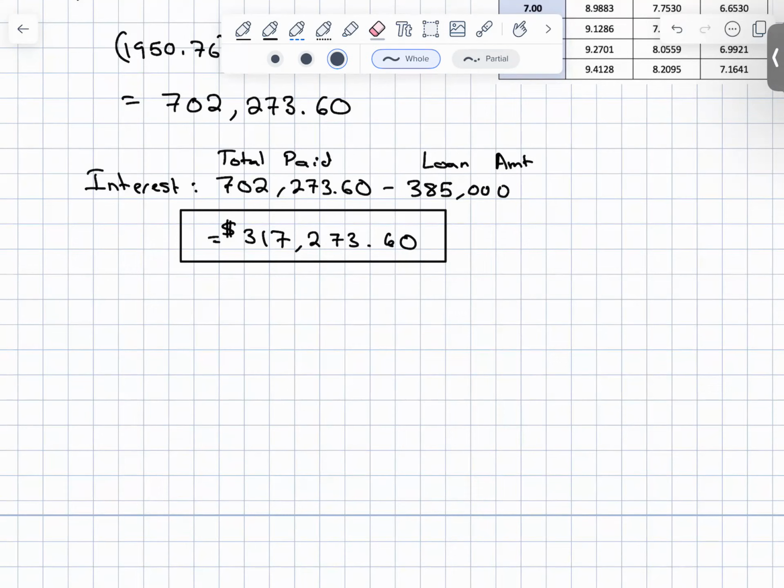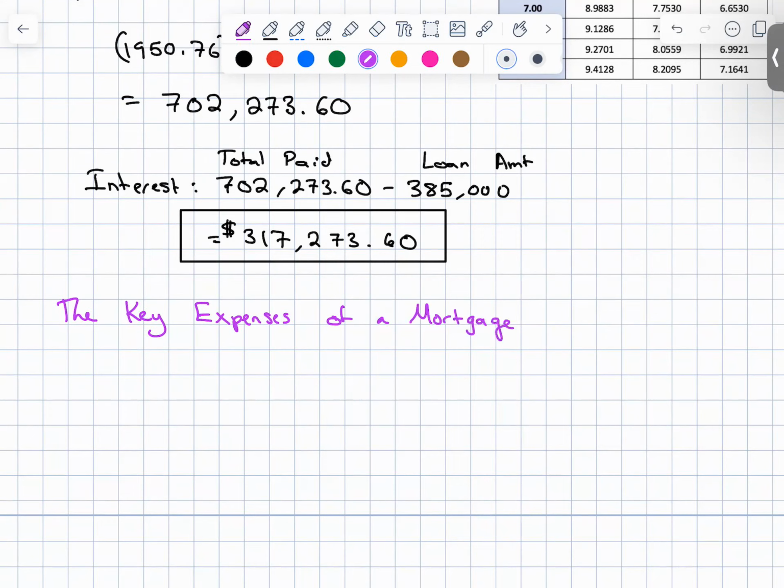We won't be able to start up a problem, but we can definitely write the key expenses of a mortgage. Sadly, a mortgage isn't just the monthly payment.